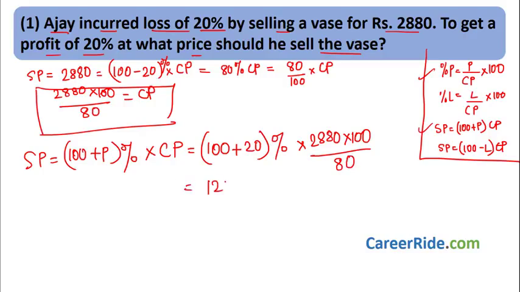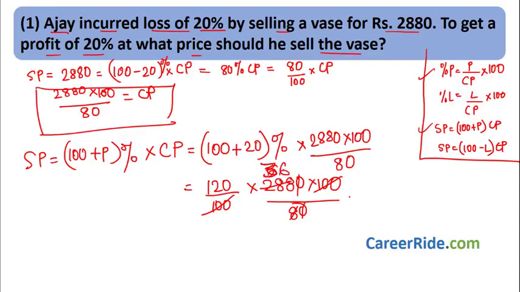That would be 120 percent, percentage sign converted, percentage means division by 100, into 2880 into 100 divided by 80. This gets cancelled, this gets cancelled over here. Okay, so what we will have? 8 3s are 24. Okay, 48. 8 6s are 48. So we will have 120 multiplied by 36.